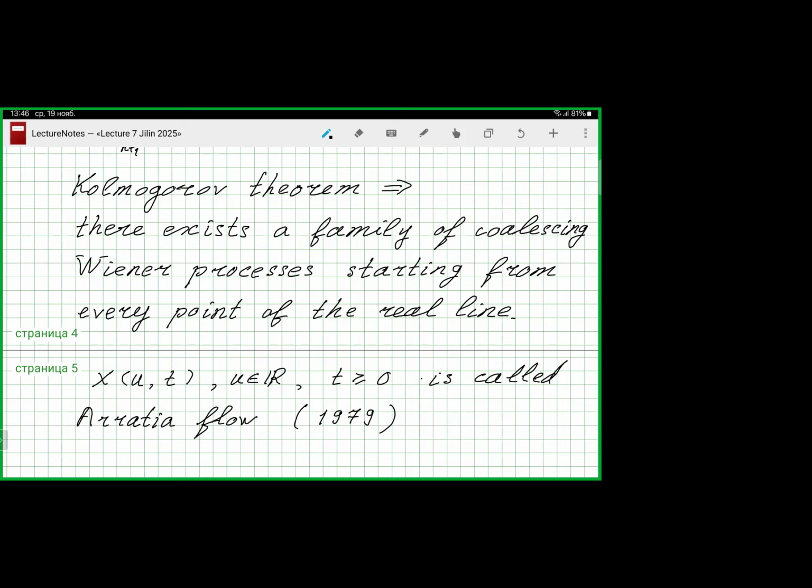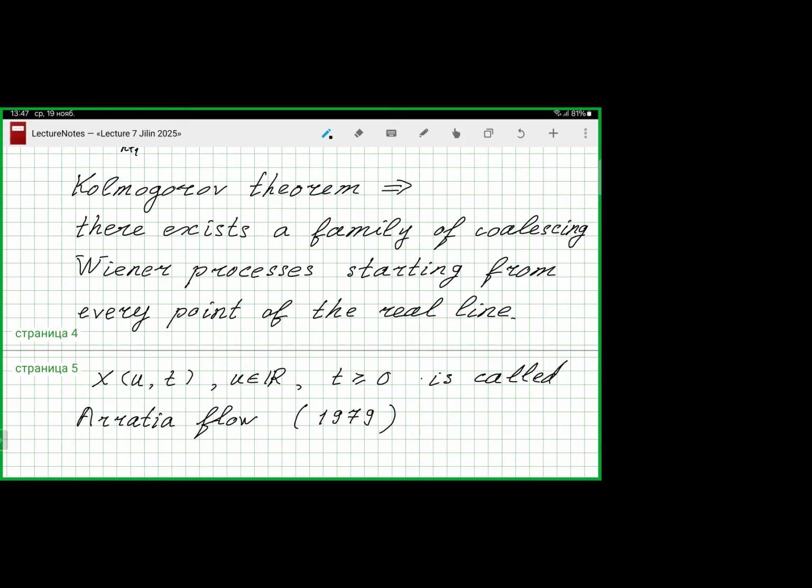In my case, I got it as a limit of smooth flows related to stochastic differential equations with a blowing up diffusion part.